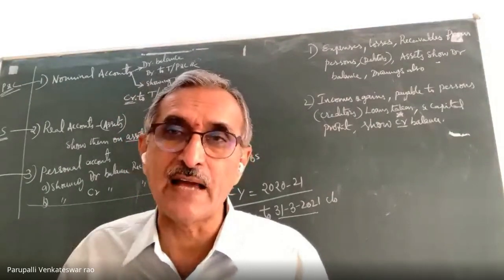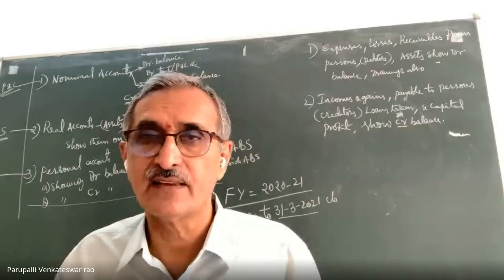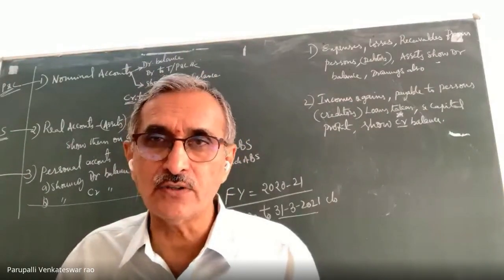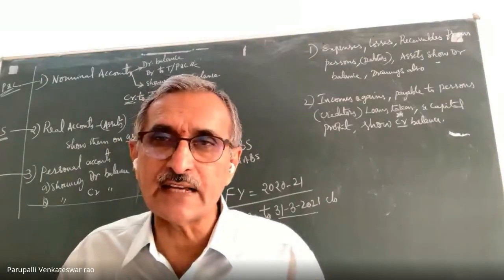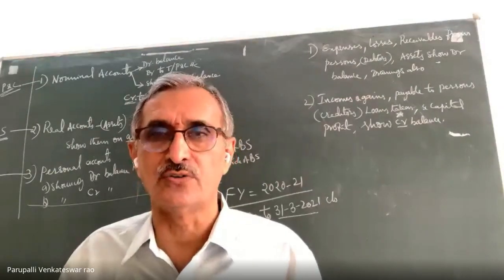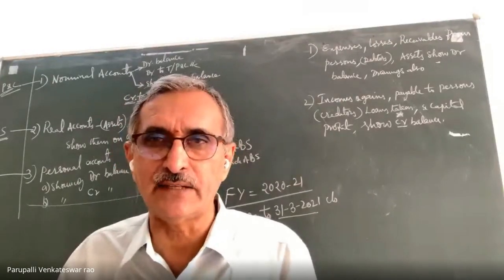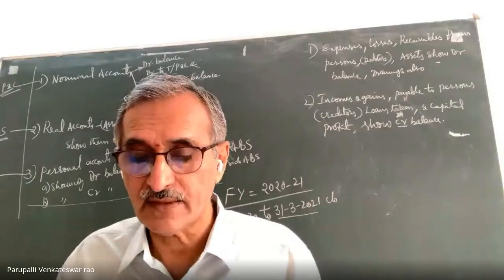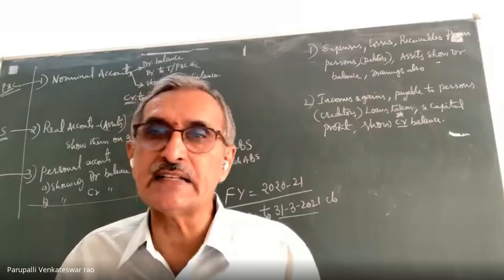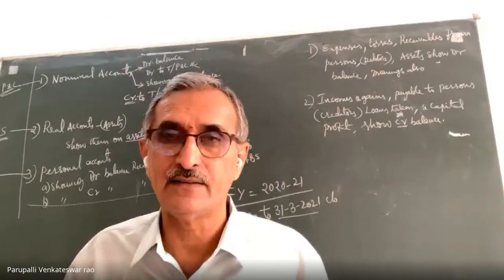Wages. Suppose you manufacture the goods with the help of machines. Some workers are engaged to produce the goods. Whatever wages we pay to the workers is to be debited to trading account. Sometimes wages and salaries are given combined.